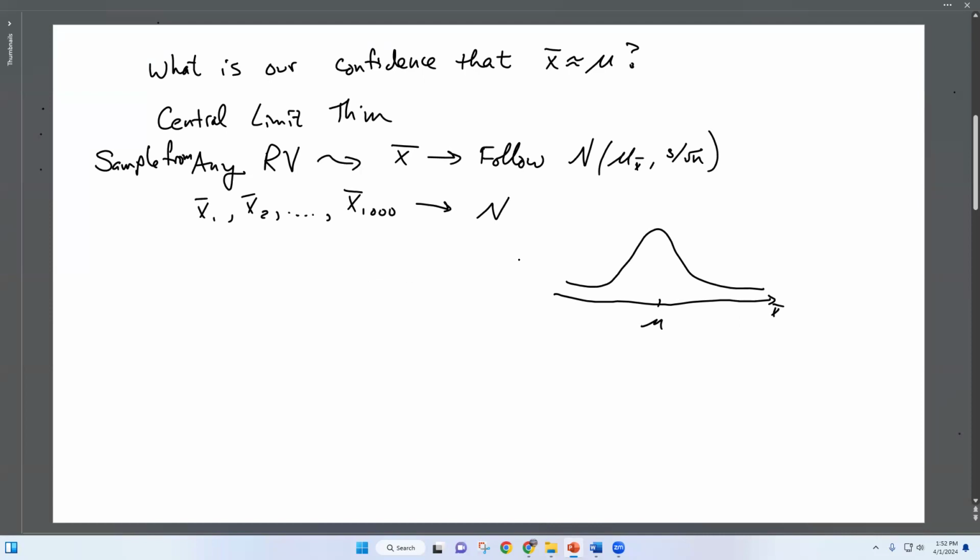So now we can start thinking about, well, within this distribution, and I'm going to draw this a little bit bigger, hang on.